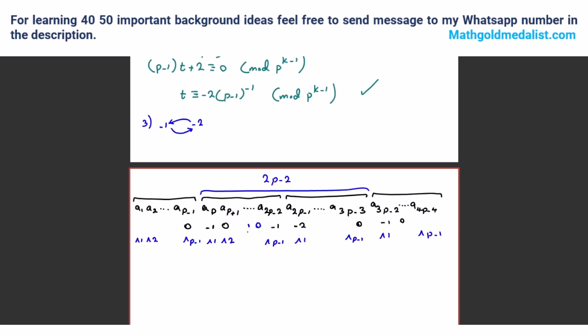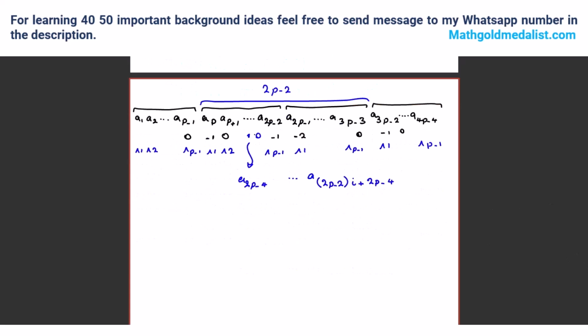So 0, 1 is at 2p minus 4. What's the next number that has this property? The next one, you should add 2p minus 2, because look, p plus 2p minus 2 is this one. So we can write, for example, i times (2p minus 2) plus 2p minus 4.